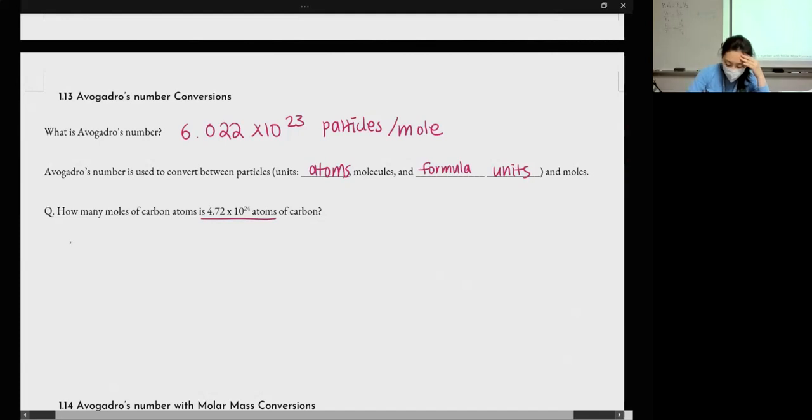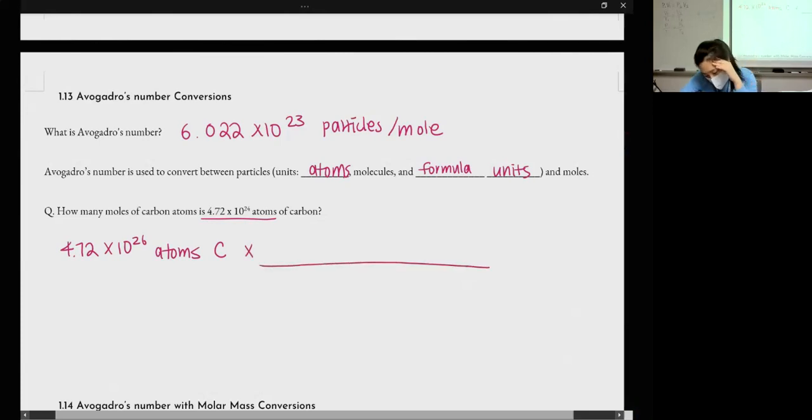So it will be 4.72 times 10 to the 26 atoms of C. Then we want to cancel out the atoms of C and look for the moles of C. So it becomes 1 over 6.022 times 10 to the 23rd.